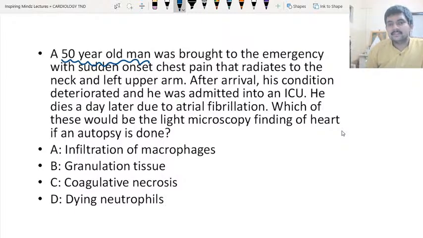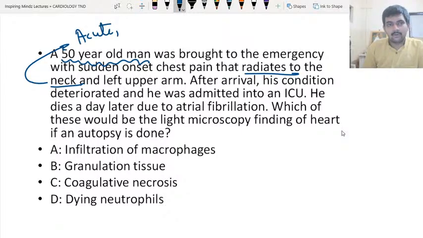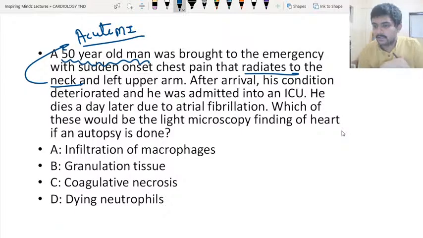So clinically, this is a pain radiating to the neck and the left upper arm. What is the diagnosis? Very simple. It is an acute myocardial infarction, right?